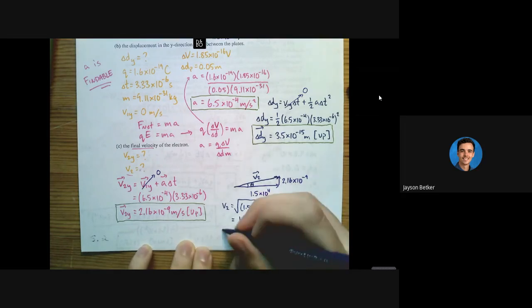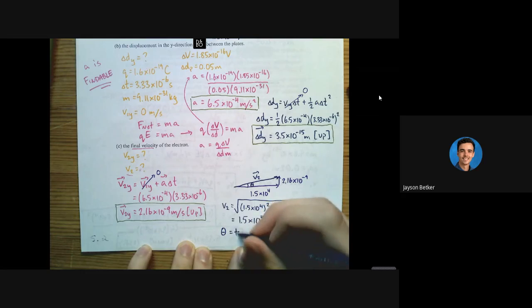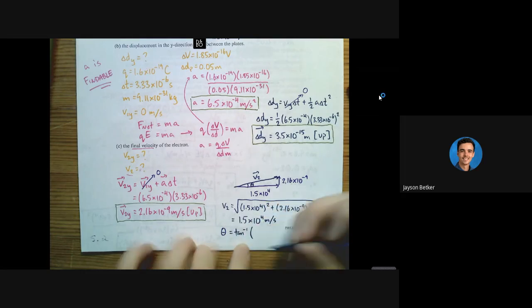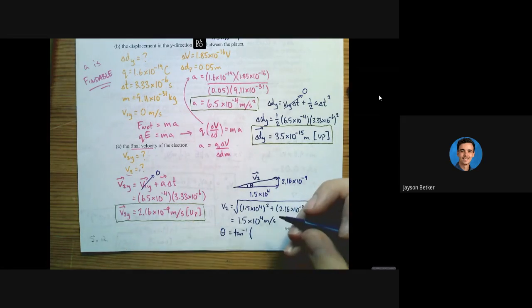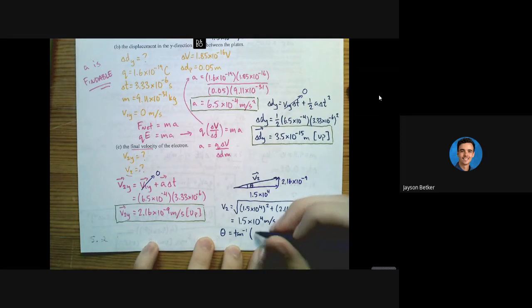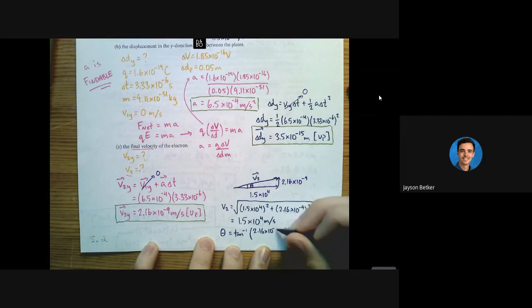And then we have an angle, right? Angle is inverse tangent of the opposite over the adjacent. Again, our angle is almost completely insignificant. 2.16 times 10 to the negative 9 over 1.5 times 10 to the 4.